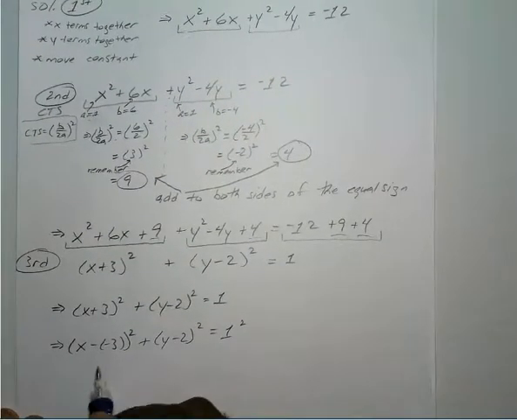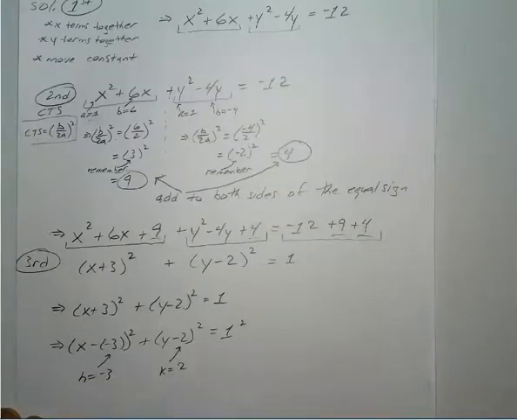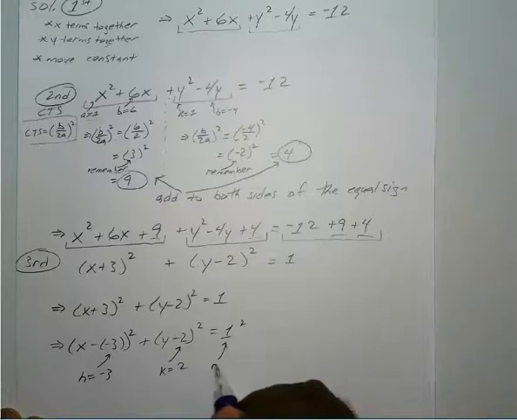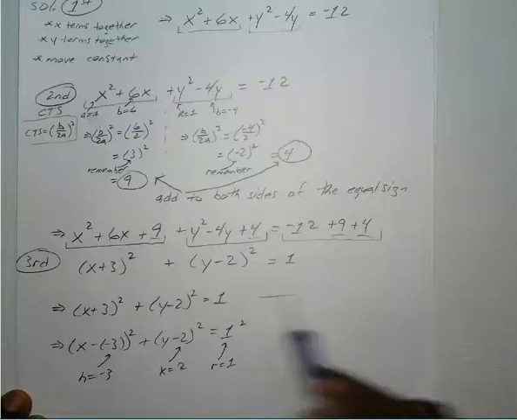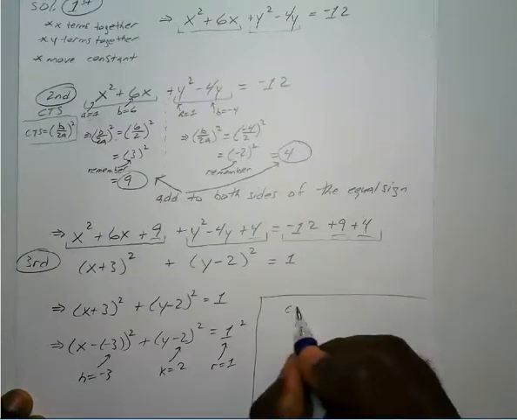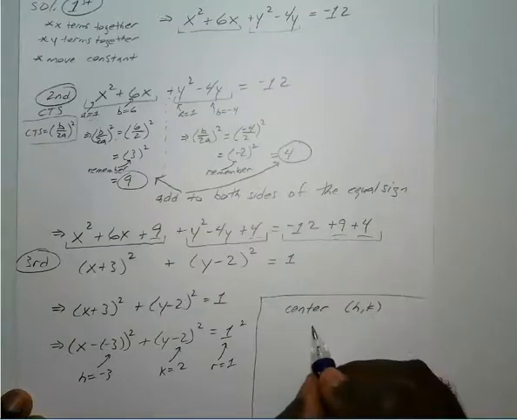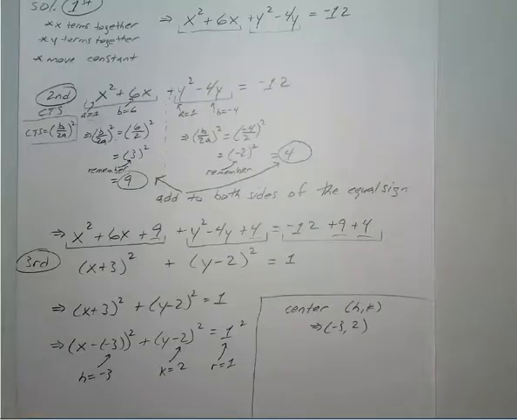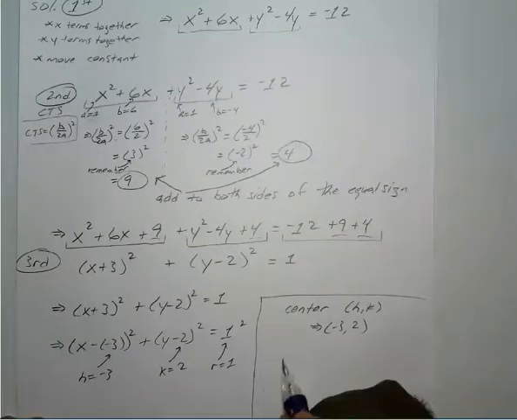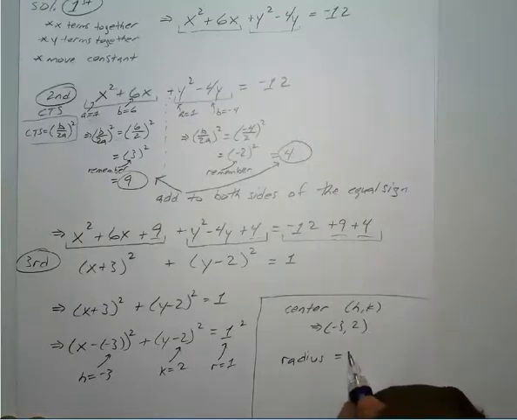Okay, so that lets us know that our h is equal to negative 3, our k is equal to 2, and our radius is equal to 1. So we know that our center, which is (h, k), becomes (negative 3, 2). And our radius, which is r, is equal to 1.